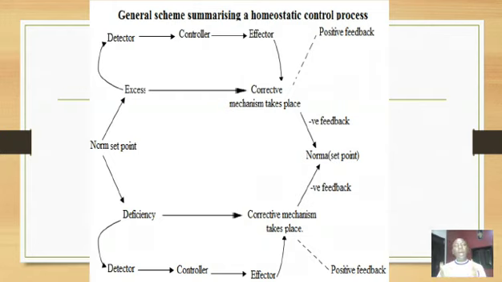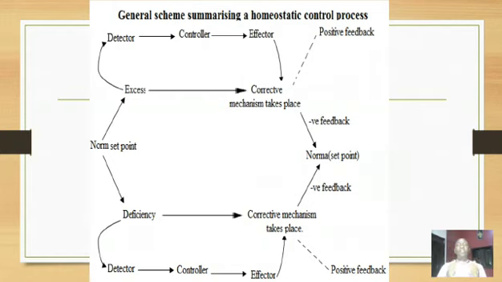So in our part of homeostasis, we are basically looking at the norm, factor increases in excess, detected, information sent to the control center to the effector, brings in corrective mechanisms to decrease it back to the norm, negative feedback.